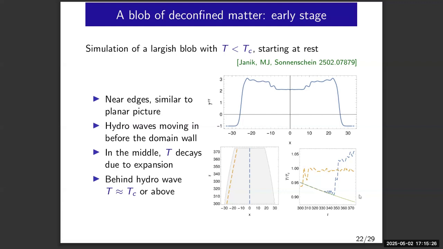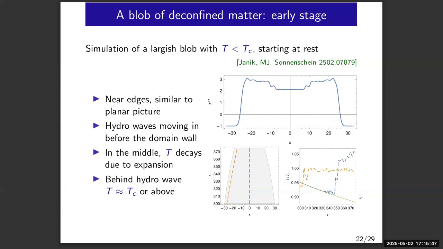And if you look at, okay, so this gray area here shows where the bubble is. And here I'm showing the temperature as the blue curve in the center of the bubble, and the orange curve is the temperature at the edge of the bubble.